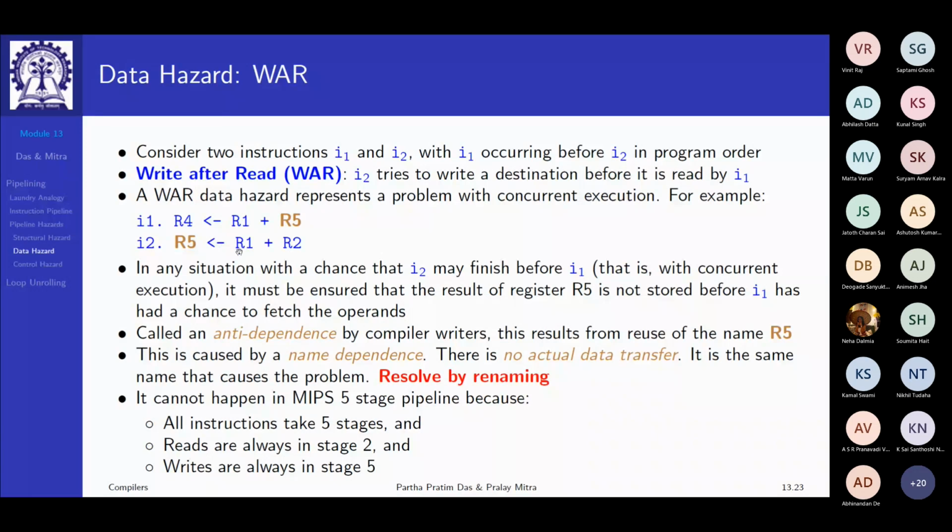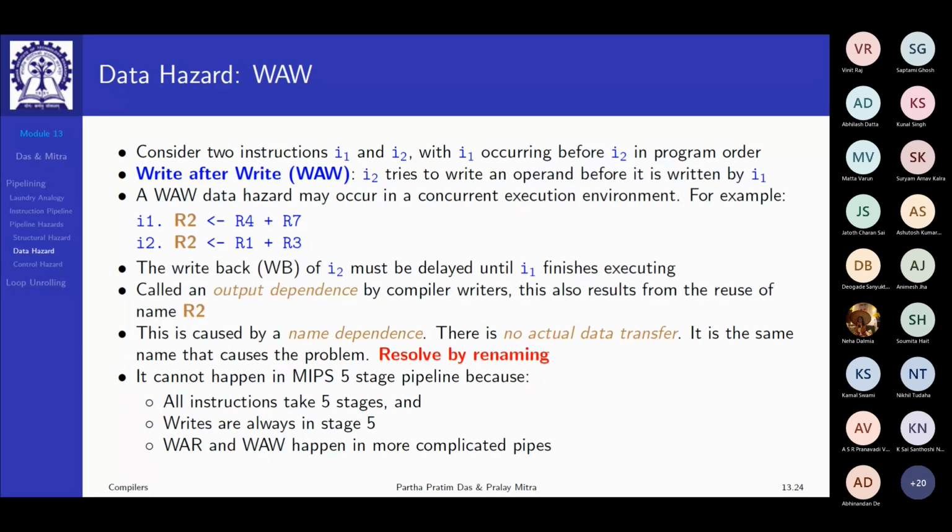This is called a name dependence problem. This actually is not a true data dependence problem, and this is called anti-dependence. Here the compiler will have to handle it by renaming if required. Obviously, the instruction movement technique that we saw for RAW may also work pretty well.